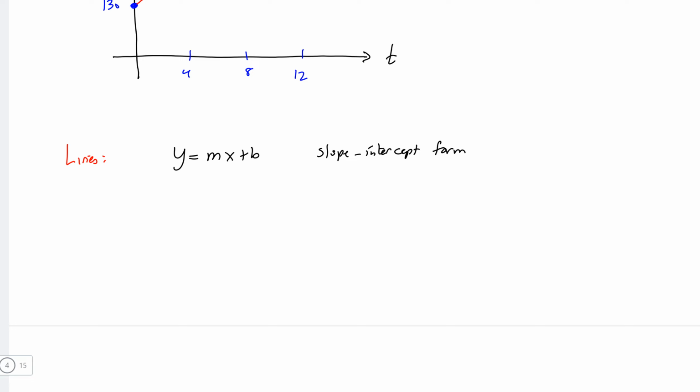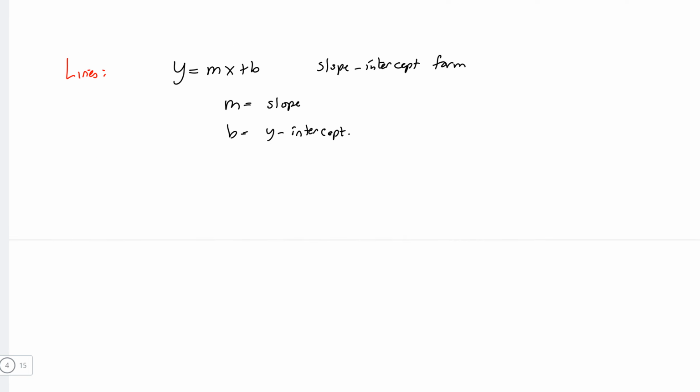And the reason we say that is because we have m here is the slope and b is the y-intercept. So in some cases, this is a nice form to work with. Other times, we'll want to use what's called point-slope form.